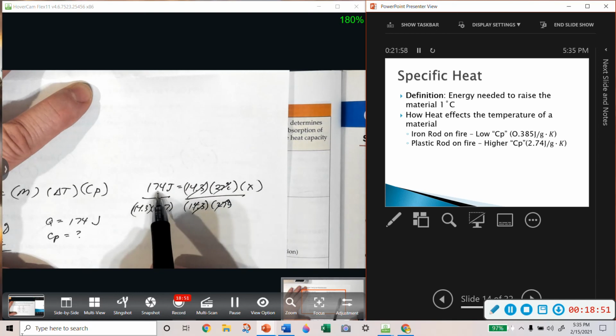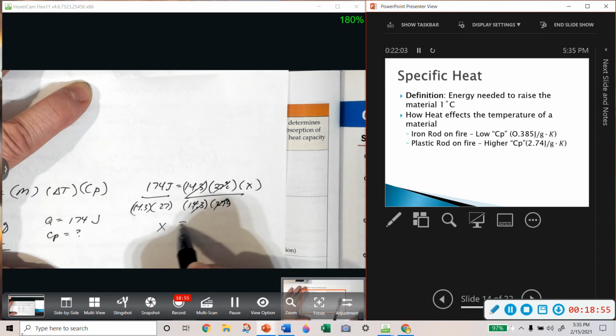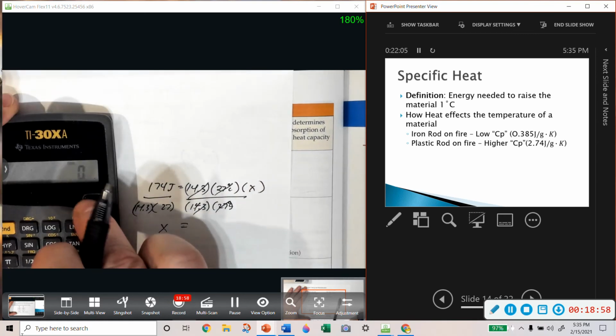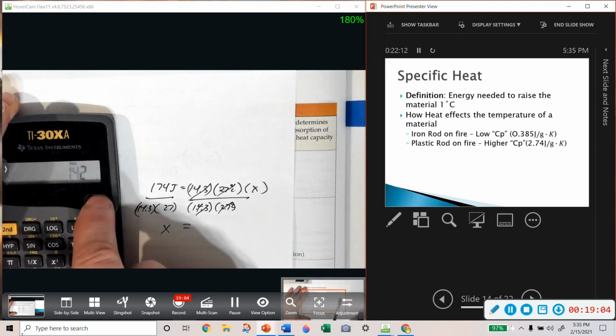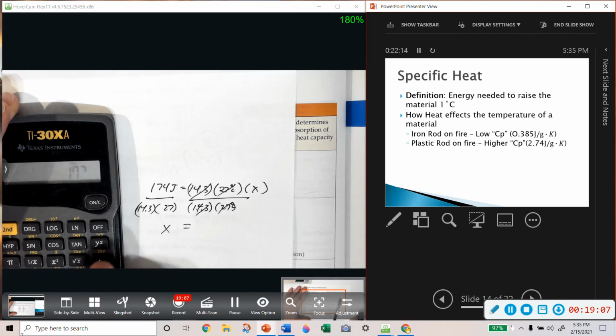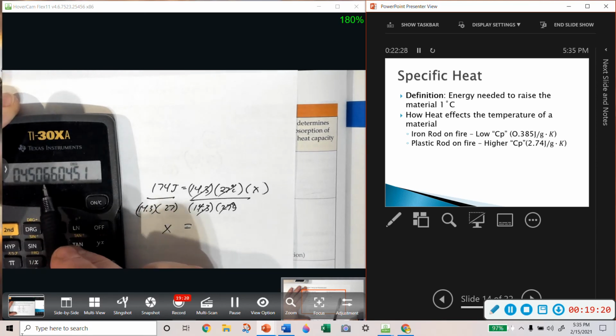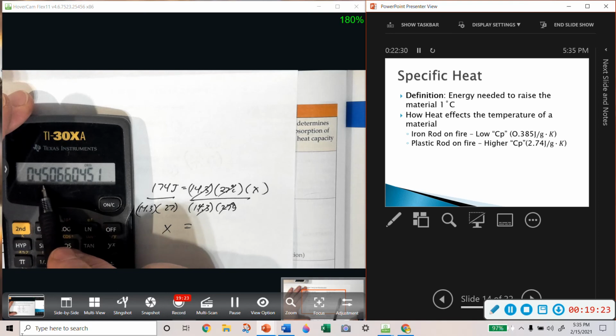So I'm going to take this and divide it by these two numbers to get the X. So 174 divided by 14.3, divided by, again, 27 equals, and I got 0.4506, so I'm going to call it 0.451.